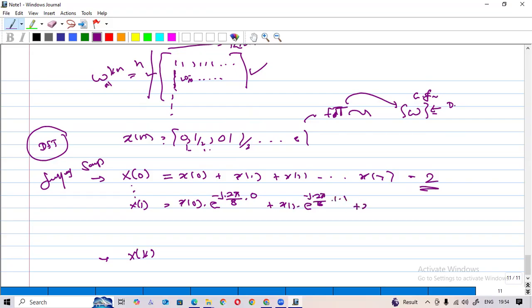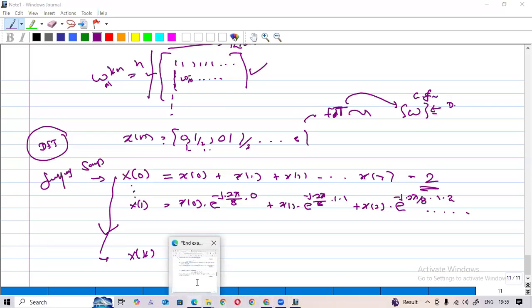Now x2 e to the power minus j 2π/8, k is 1, n is 2. So that you can find. In this way, you can calculate the required number of frequency samples.